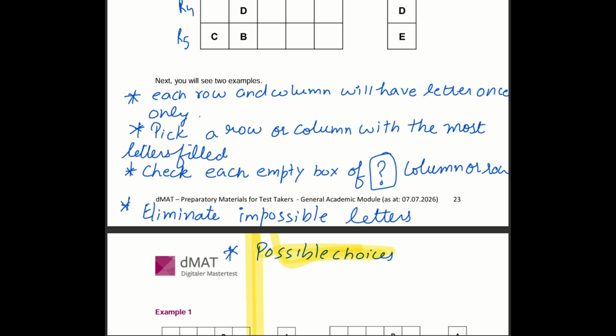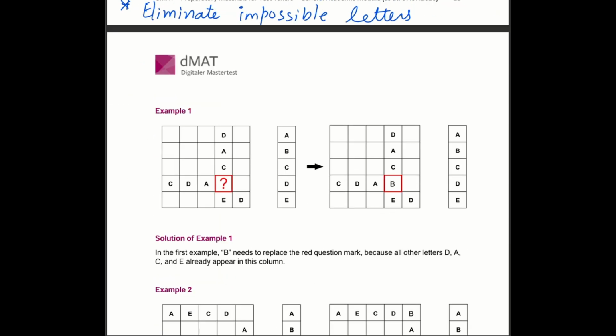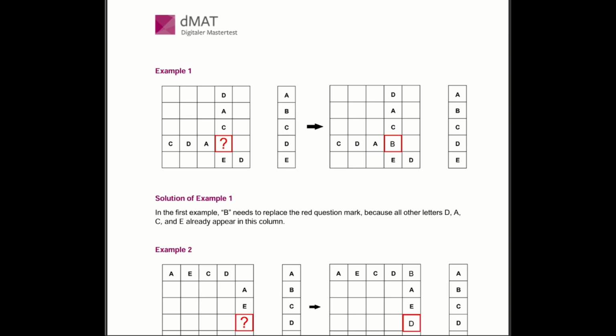Okay, so let's get started with our first question. Example one: D, A, C, E, D, and these are the options. This is a solution here.